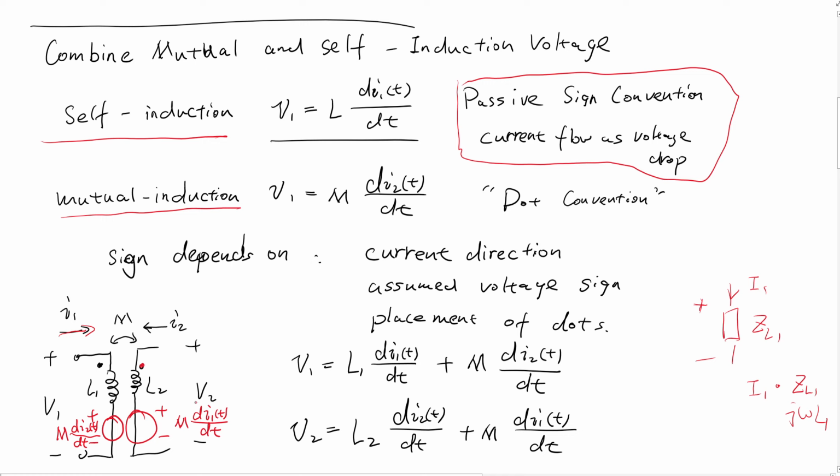Okay, same thing, then let's draw this circuit. Draw this equation for loop number 1. So this is loop number 1.